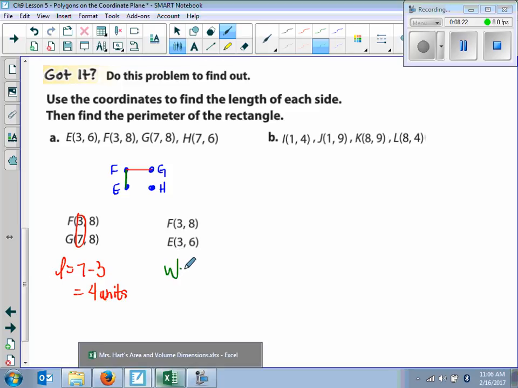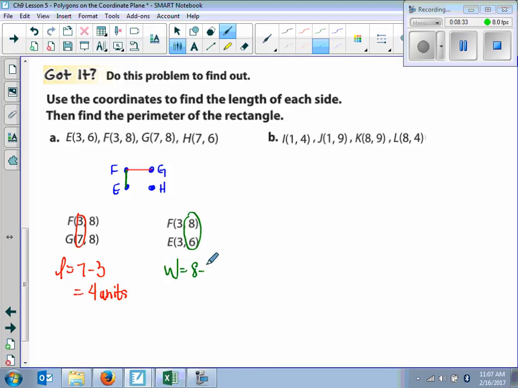So to find the width, we're going to subtract the y values. So 8 minus 6 is equal to 2 units.